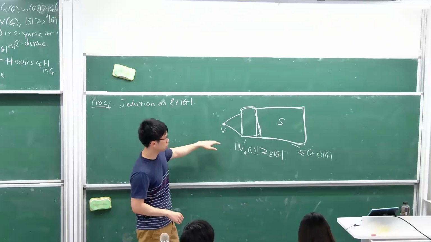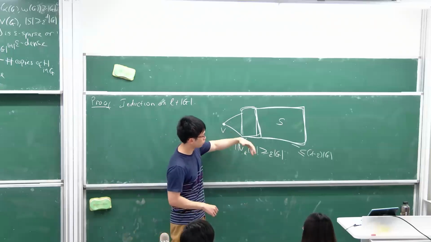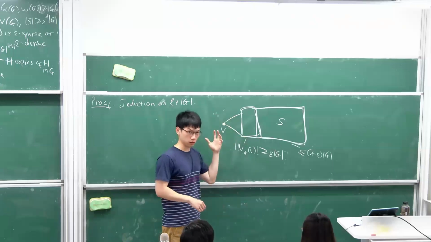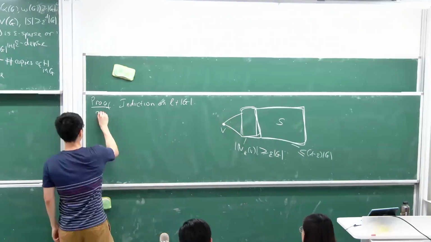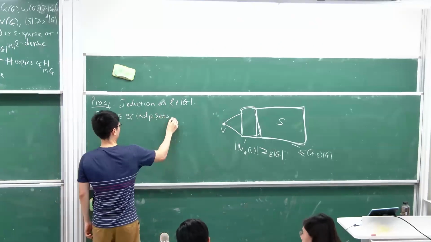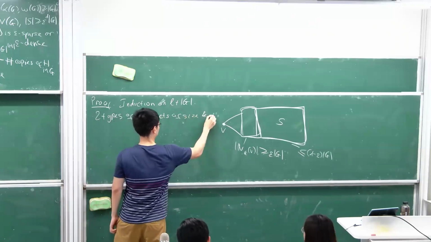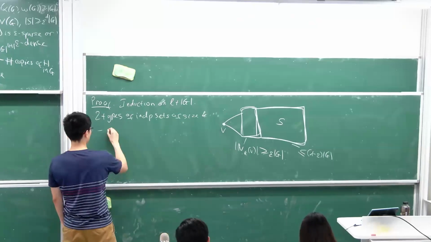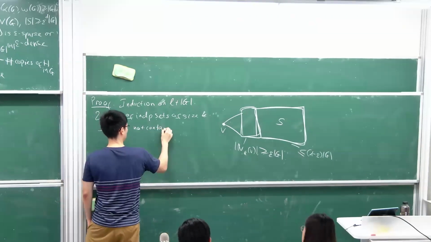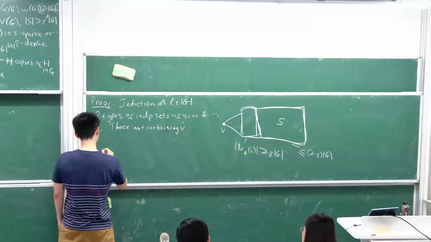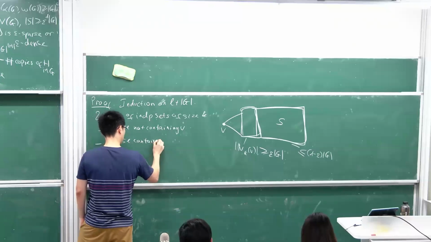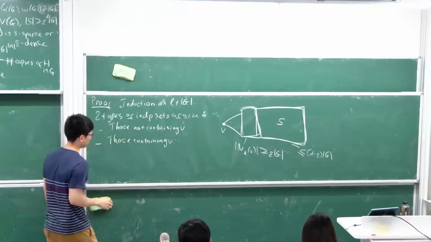The first one consists of those not containing v, and the second one consists of those containing v.